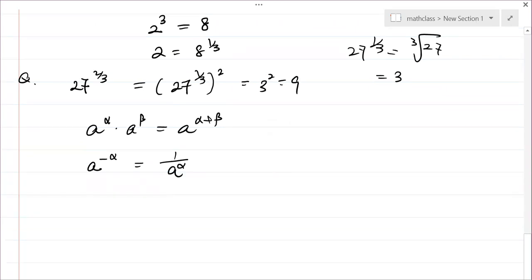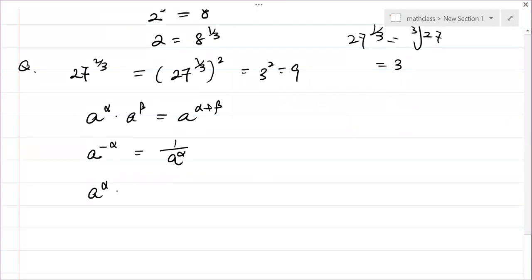Then you can talk about a to the alpha divided by a to the beta. How do you simplify? This can be written as a to the alpha times a to the negative beta. Then you can add them together, alpha plus negative beta.